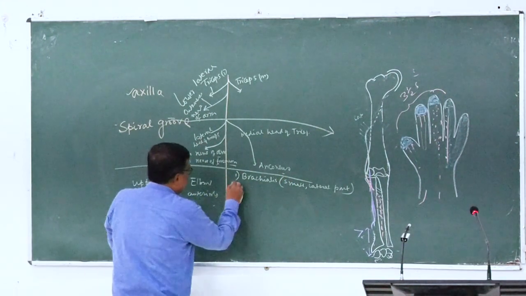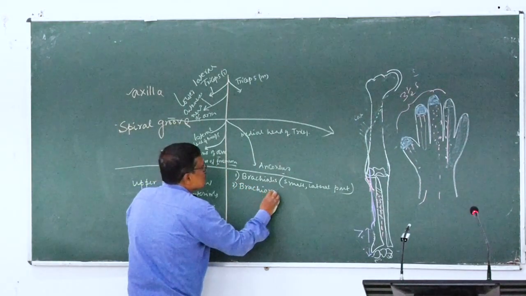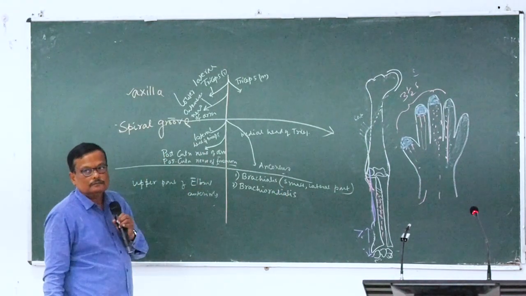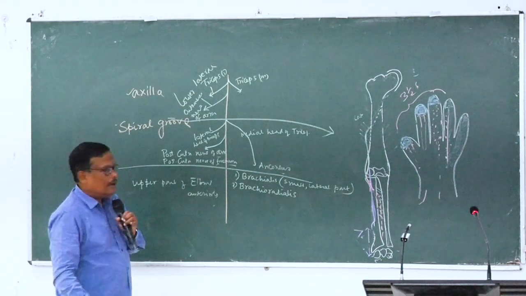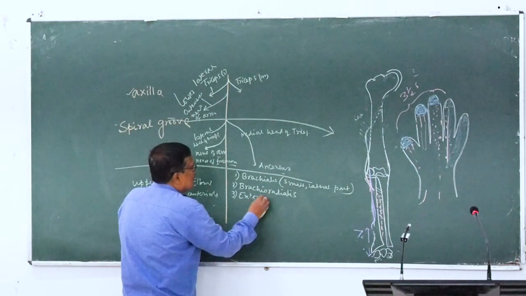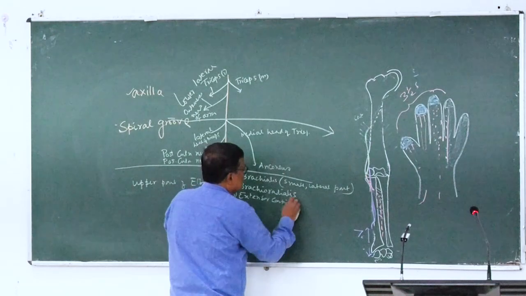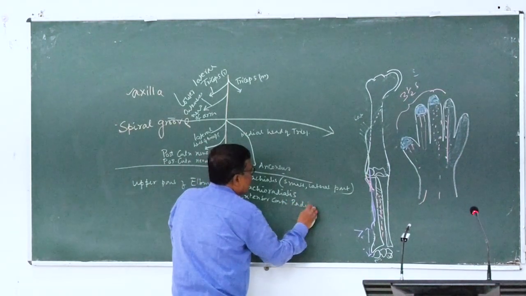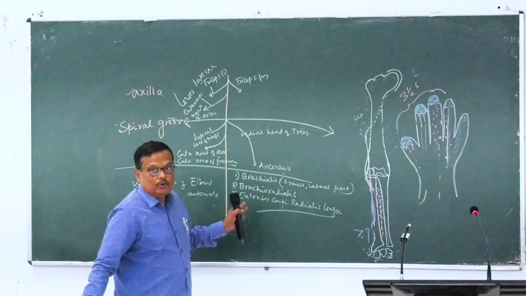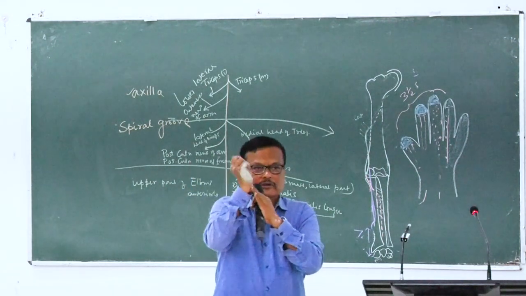Number 2, very, very important, brachioradialis. Number 3, extensor carpi radialis longus, which is an important muscle, এটা মনে রাখো, an important extensor of the wrist joint.